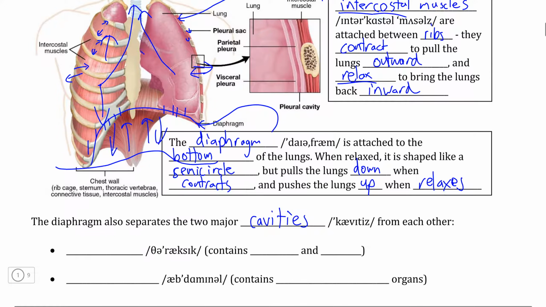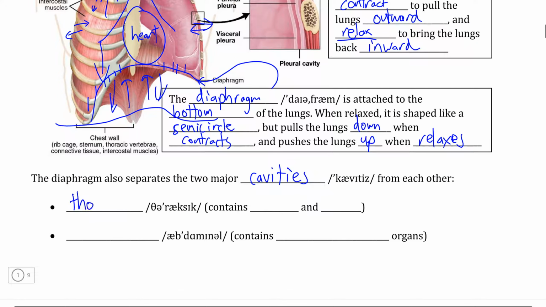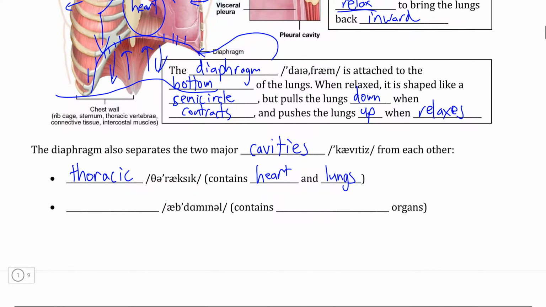So the lungs and the heart, which would be here if it were shown, are what we call your thoracic cavity, which contains the most important organs of your cardiovascular system, your heart and your lungs, and everything below the diaphragm is what we call your abdominal cavity, and this of course is the location where all of the digestive organs are kept.